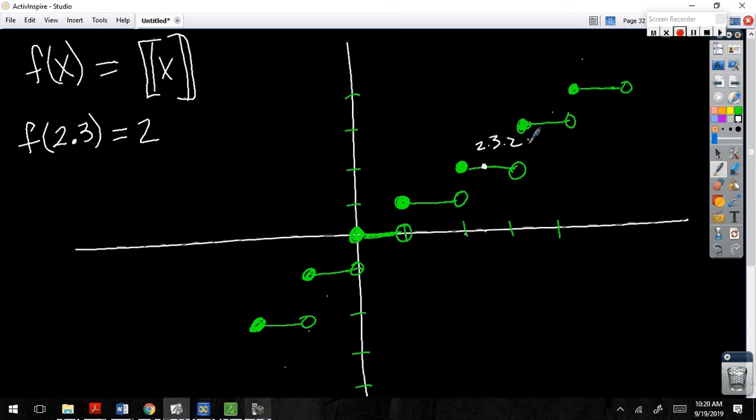Now we're looking at the open dots. What is f of 1? 1. F of 1 is 1. But f of 0.9 is 0. So it can get all the way up to 1, but it just can't equal 1, because at 1 it becomes 1. You see what I'm saying?